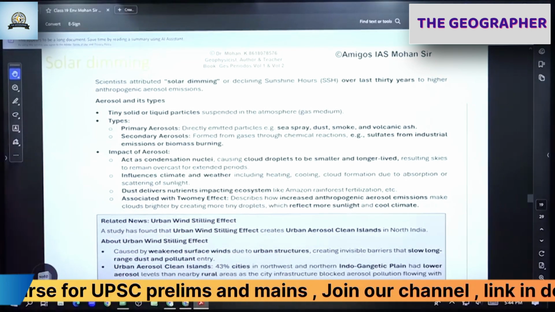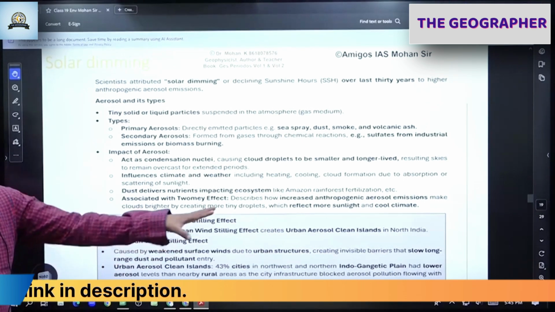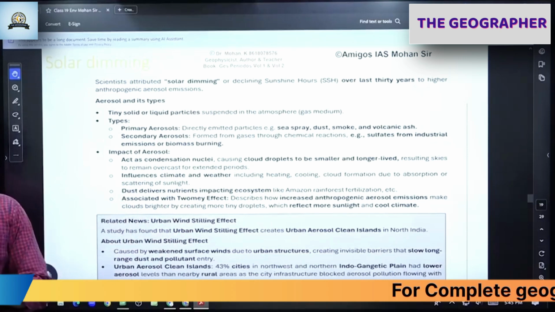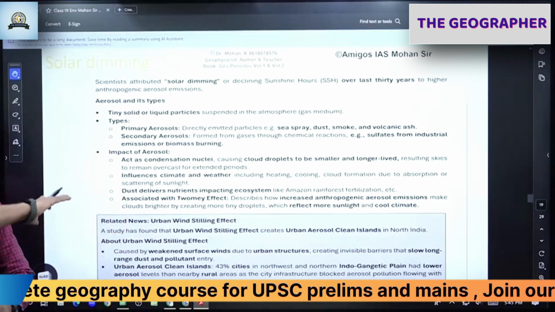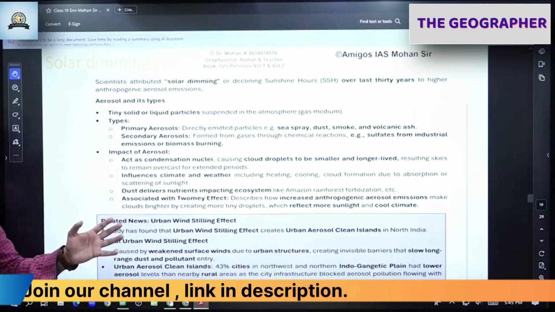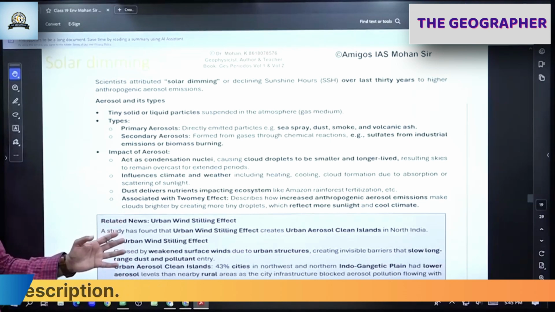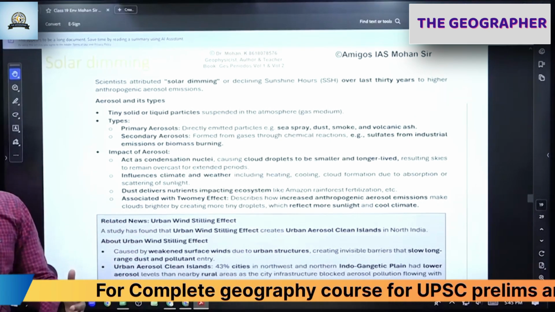This is resulting in something called the urban wind stilling effect. Because most of the urban areas, what is happening? Urban areas are a built-up environment. You go to any urban area, there are only buildings, correct? It's a concrete jungle, with tall buildings and all. Whereas the surrounding rural areas are farms. As soon as you enter the city, you can see big buildings.